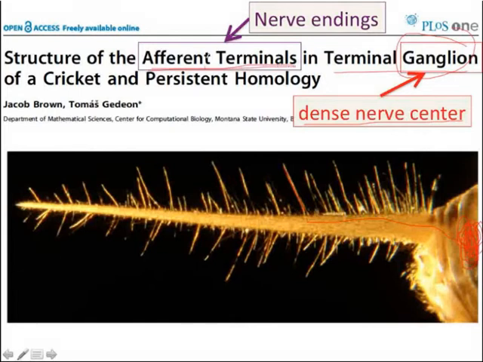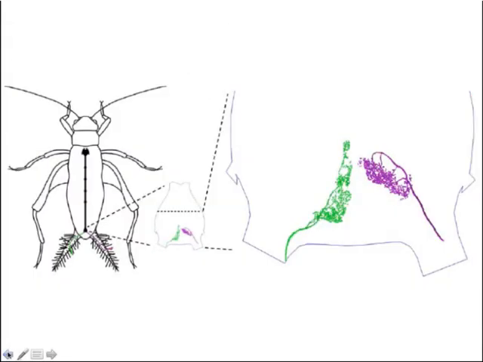Afferent just means that these nerve endings are transmitting impulses from the periphery into the central nervous system. So we have now a picture of our cricket, and we've got the hair connected to the nerve endings, which then go into the terminal ganglion.